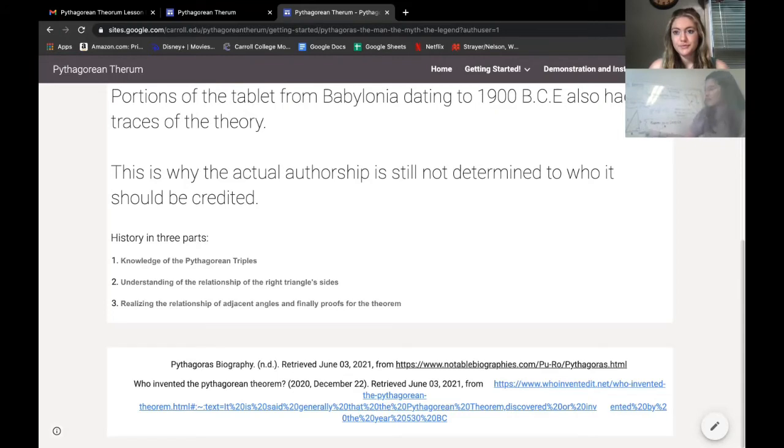Remember the sides of the right triangle: A, B, and C. And then realizing the relationship of adjacent angles, and finally the proof for the theorem. Remembering back to our adjacent angles worksheet, we'll turn around to learn more about that.